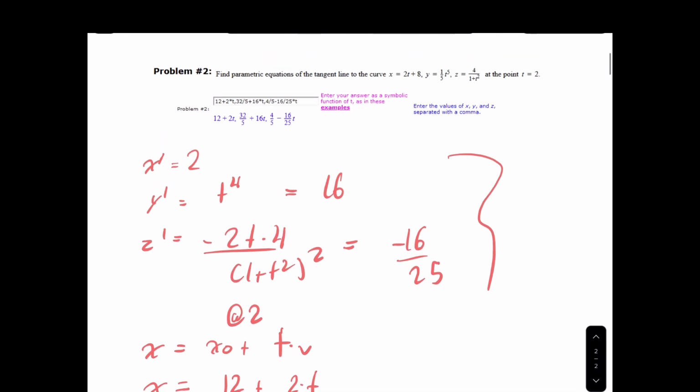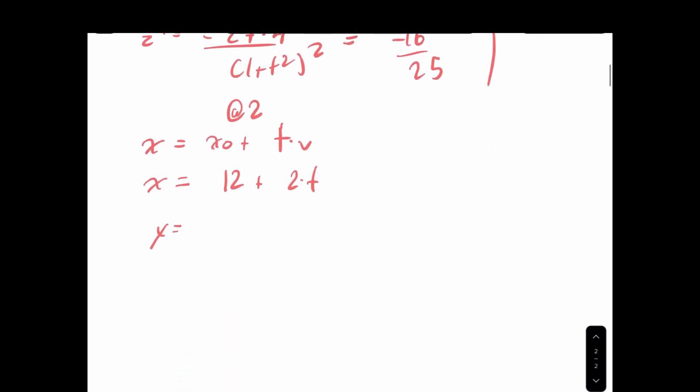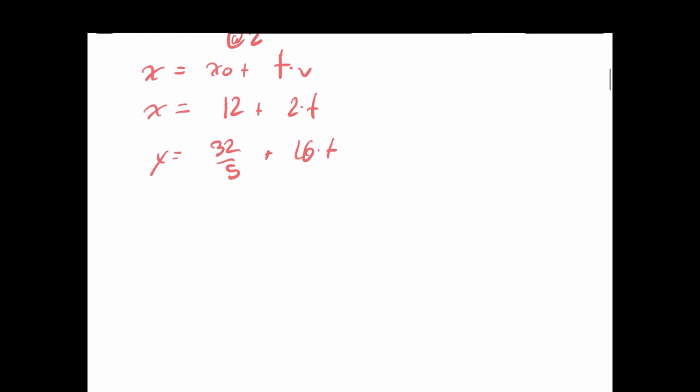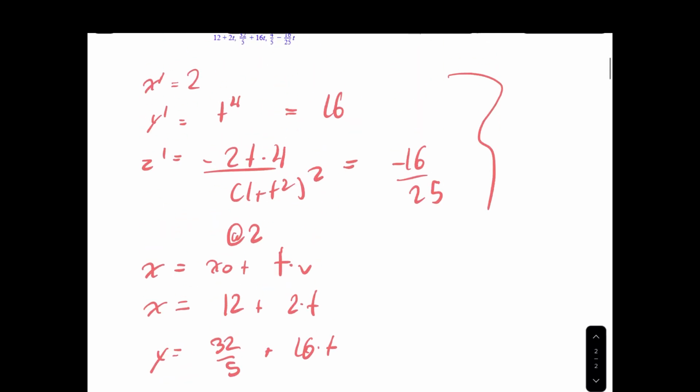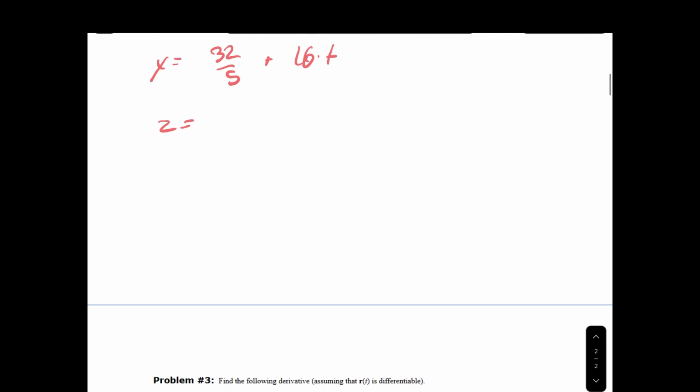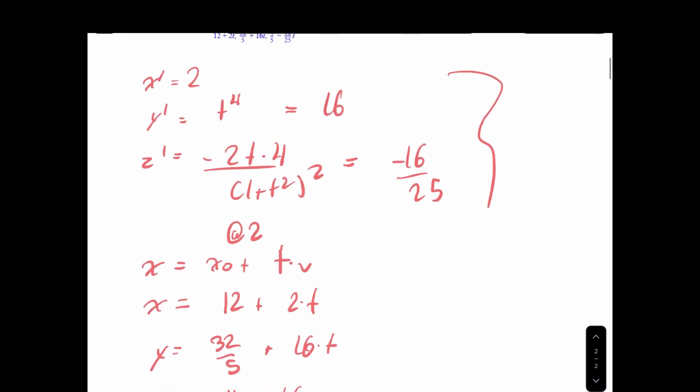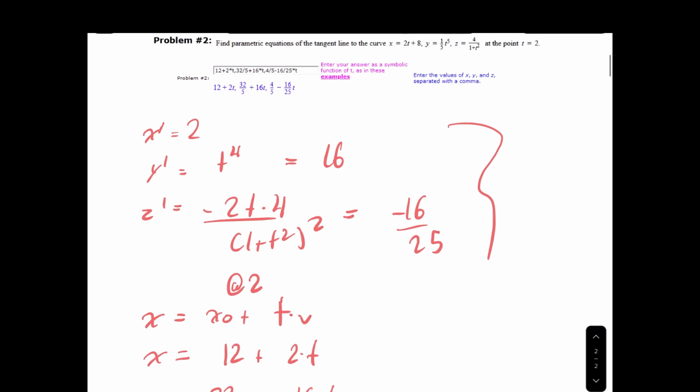Y will be 32 over 5, plus 16 times t. And z will be 4 over 5, sorry, minus 16 over 25 t. And she can tell from my answer that's correct.